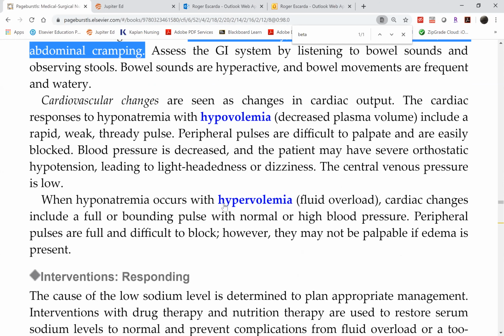However, you can also have the same in a patient with fluid overload. In this instance, it's because of the hemodilution, because you have too much fluid, thereby causing dilutional hyponatremia. So there's really no distinction with the cardiovascular manifestation because it depends on what was the cause.